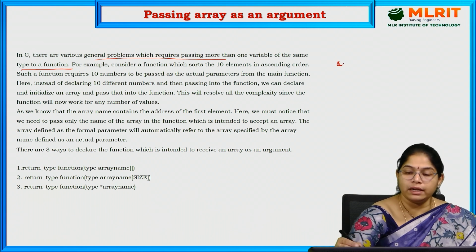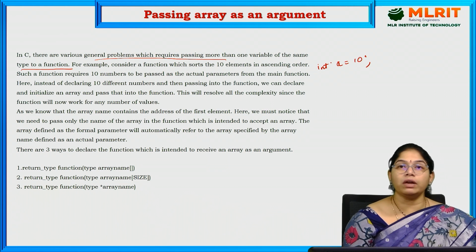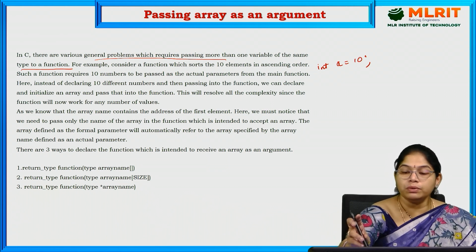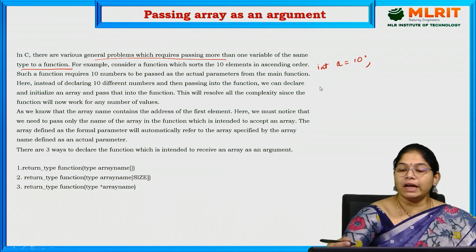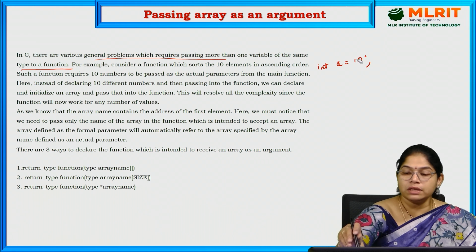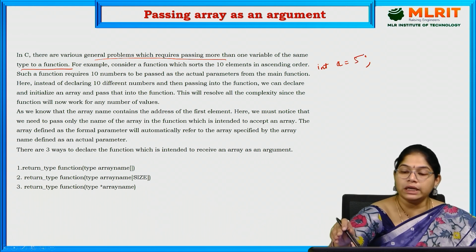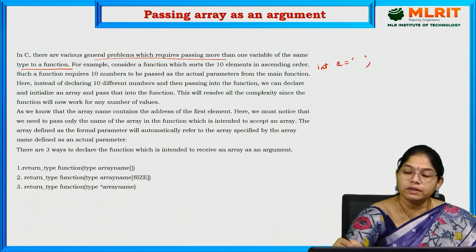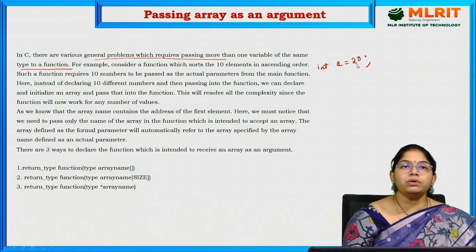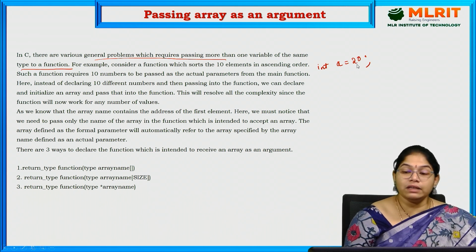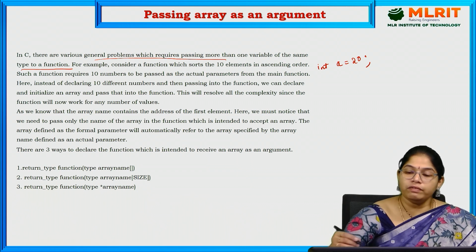Using a variable, if I give a equal to 10, it can store only one value at a time. If I want to store 5, I have to write a equal to 5. If I want to store 20, then 5 will be overwritten with the value 20. If I want to store multiple values of the same type, then we have an array.